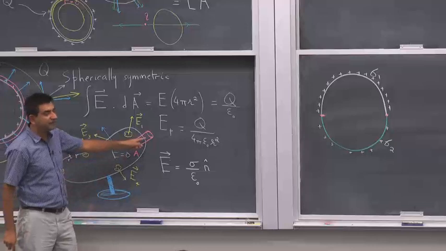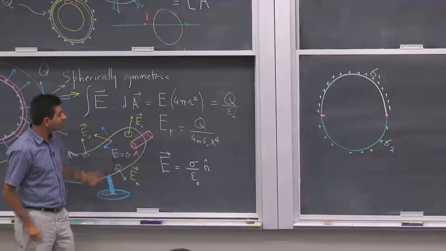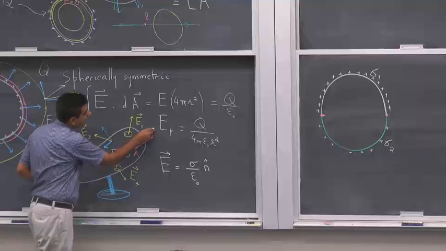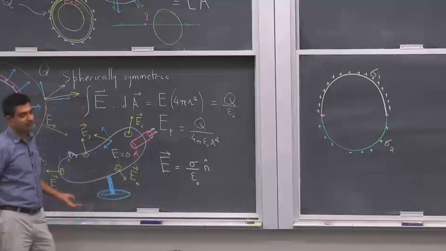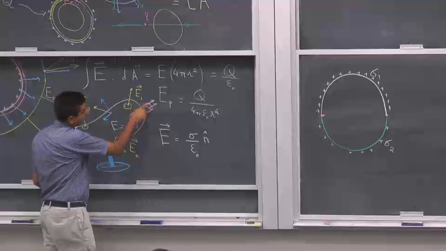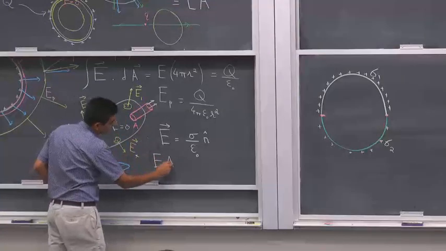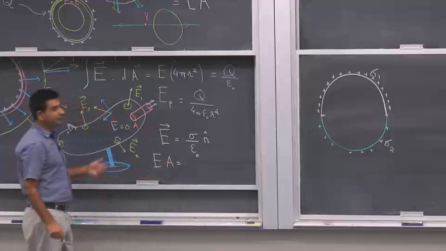So the electric field that exists is normal to the surface, so the dot product with the areas on the curved surface is zero, and the only contribution comes from the end cap. So this contribution gives me a flux of E times the area A, but this just equals the charge enclosed.